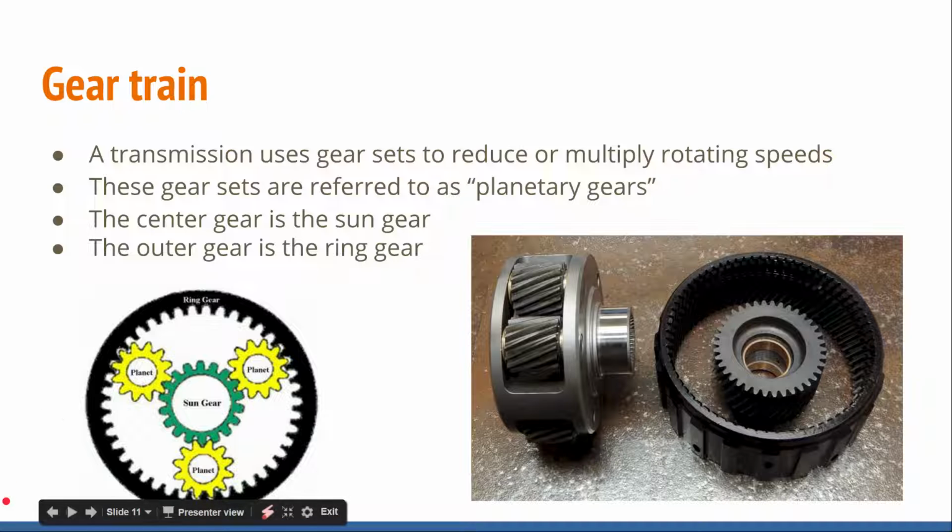So it's referred to as a planetary gear set, but again, it changes the speed. If you have a shaft that splines into here, and you have a shaft that splines into the end of here, you can imagine it changes the speed. On this one, I believe we are reducing the speed. So one shaft spinning, the other shaft coming out is spinning at a much slower speed. So torque multiplication is what that's called.